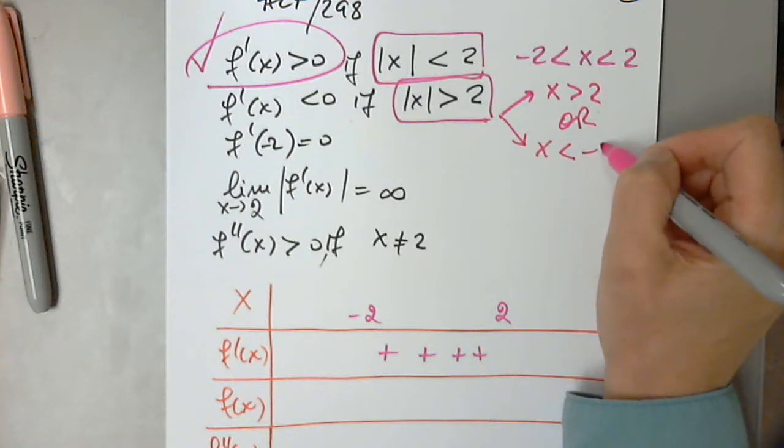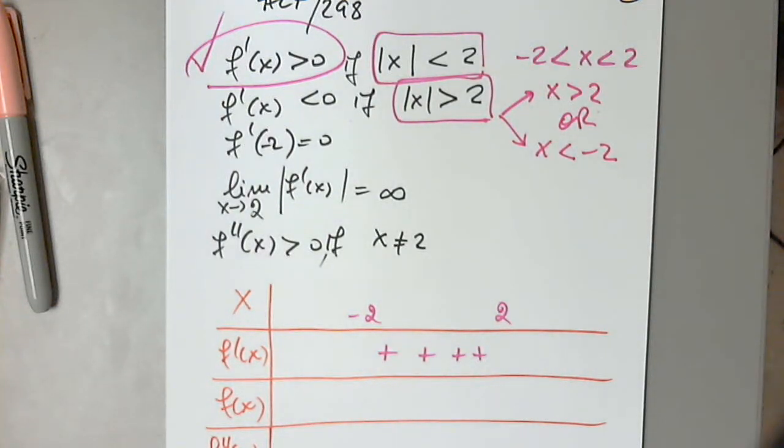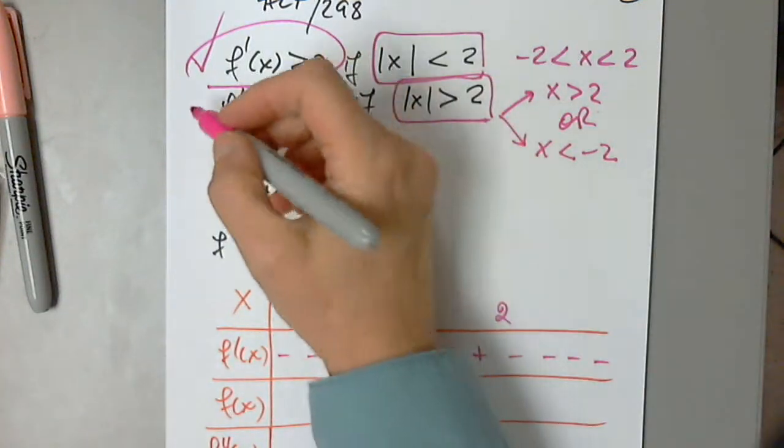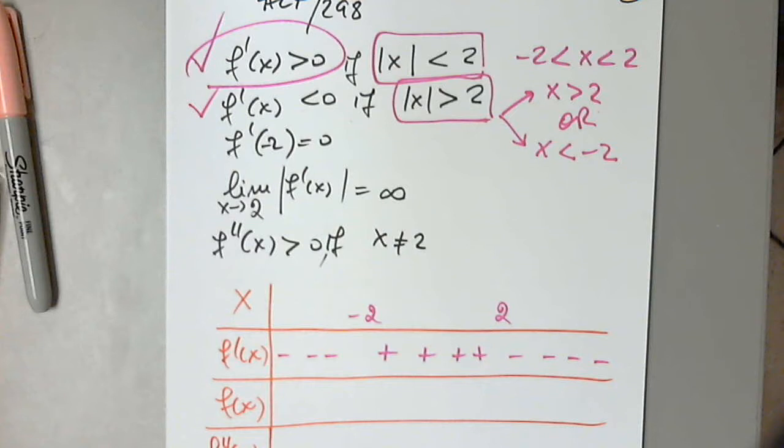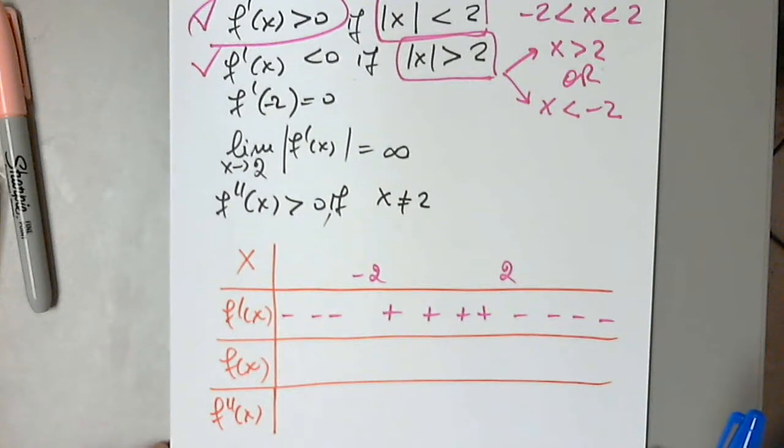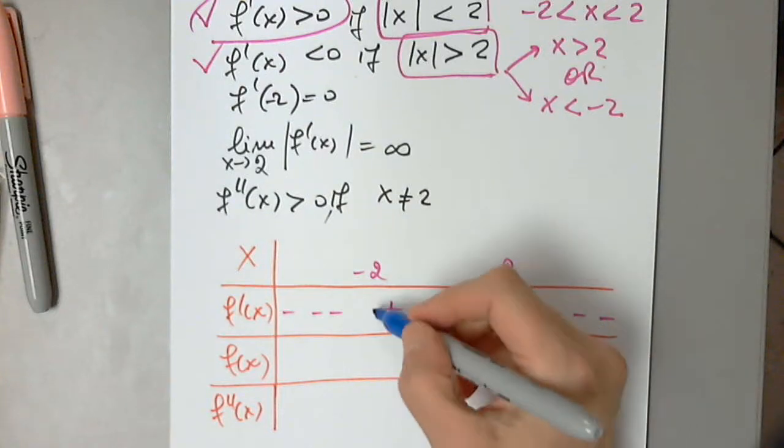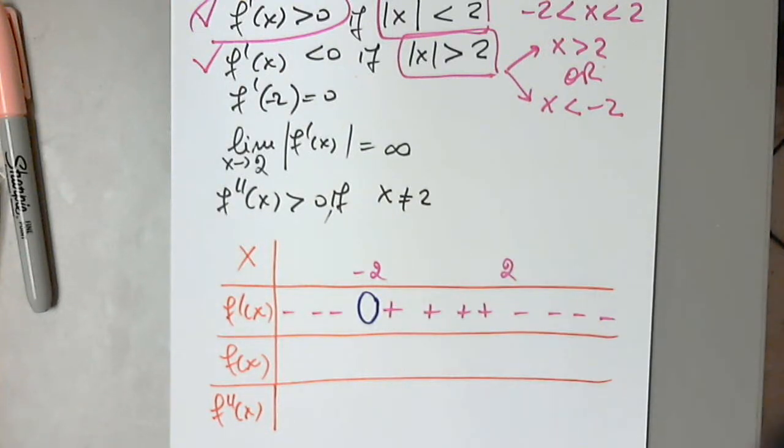It's everything that is not included in the first inequality. The first inequality said in between. The second inequality says the outside, further away. So this is check, done. F prime of negative 2 is 0. Check.